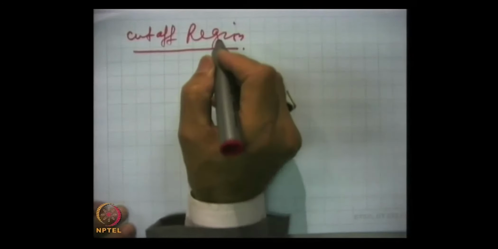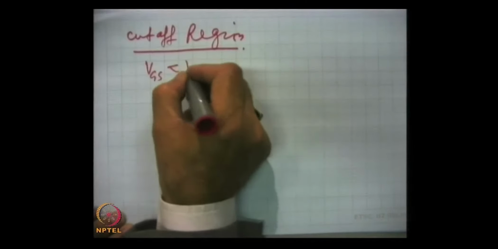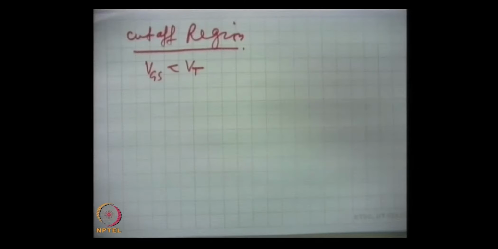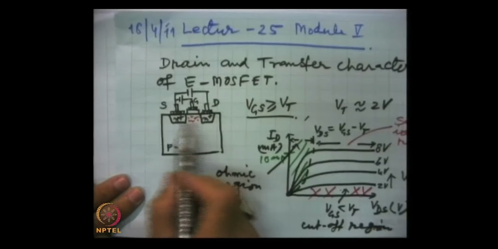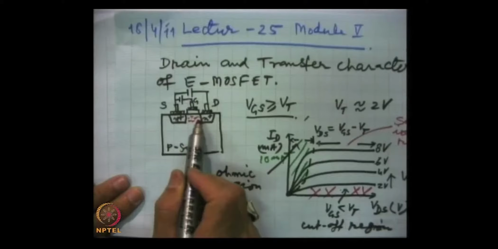In the cutoff region, VGS is less than VT. That is, the channel is not formed, because the voltage is insufficient to form the channel.